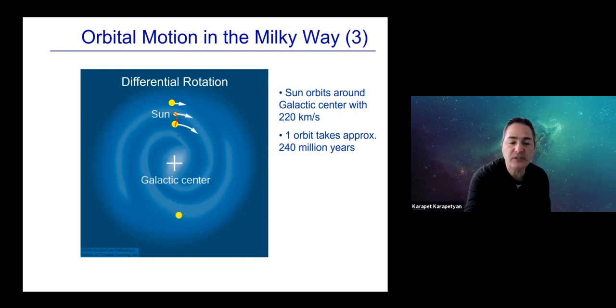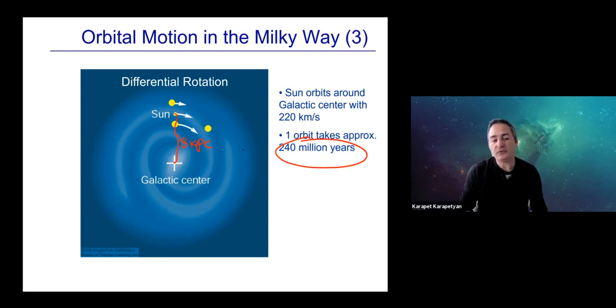So that means this distance is about 8 kiloparsec. Kilo, remember, stands for 1,000. Then it takes about 240 million years for the sun to go around the galactic center. So in a way, you can think of it as about 4 times for every billion years.